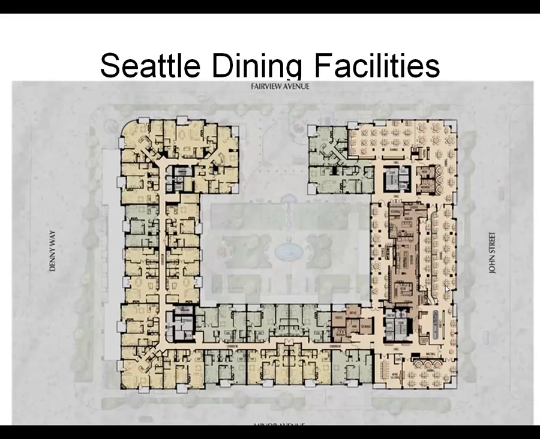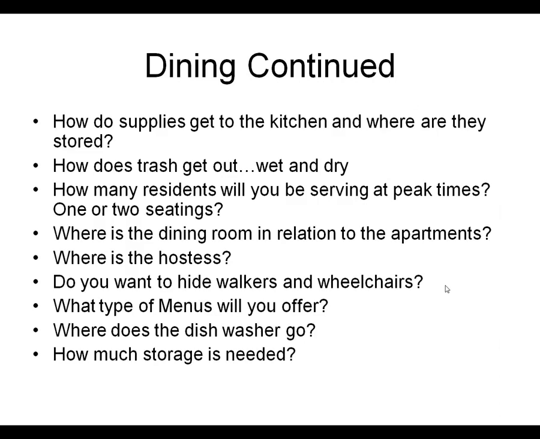They're on the right side of this drawing here. And you can see that they really capitalize on the view of Lake Union by putting seating around the perimeter. And there's also a lounge that is on the inside of the community there, and they have a view over the courtyard.